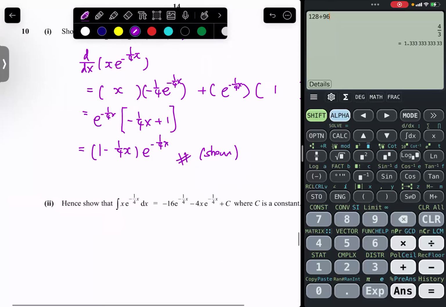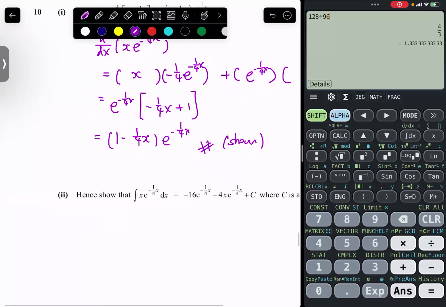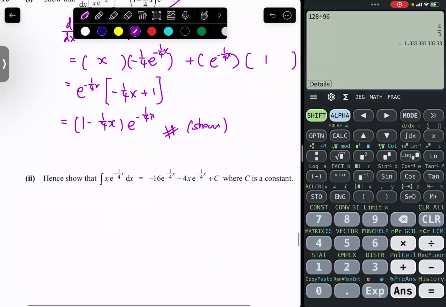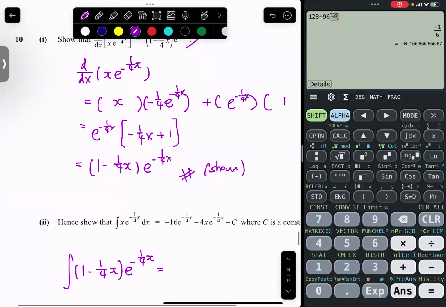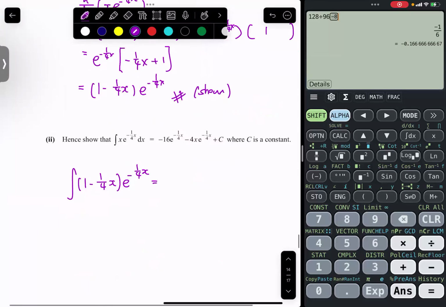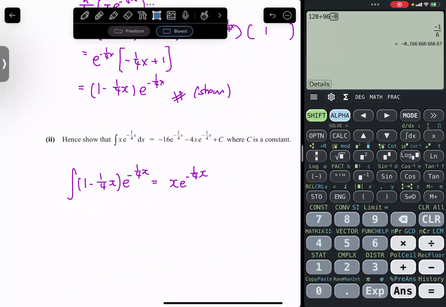For this sort of question, we just integrate what we just differentiated. So the integral of (1 minus 1/4 x) e to the negative 1/4 x equals x e to the negative 1/4 x. Sorry.